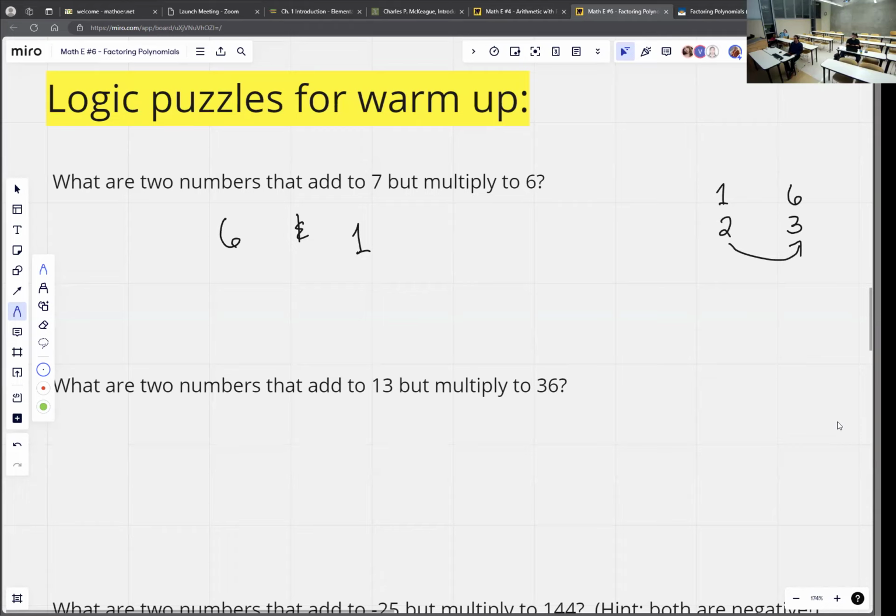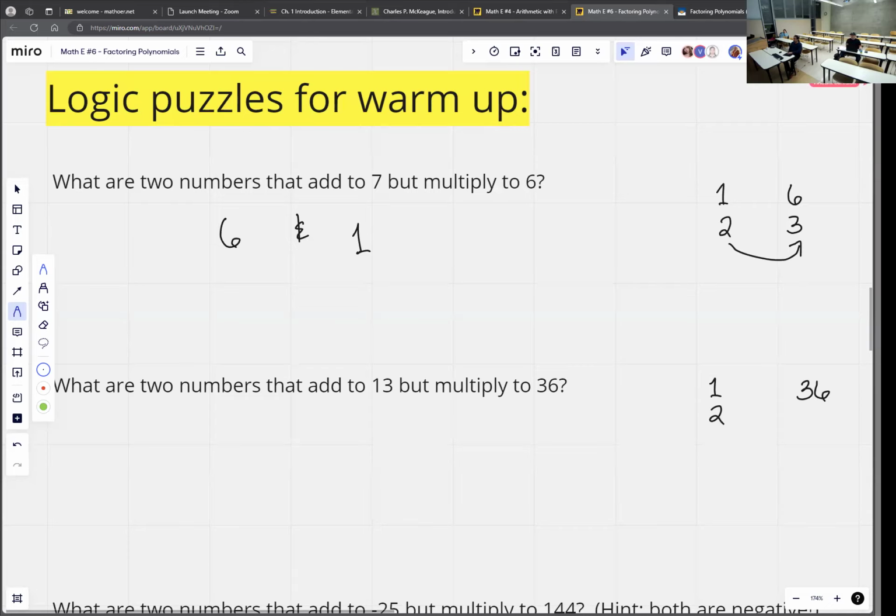Moving on. What about 2 numbers that add to 13, but multiply to 36? So 1 and 36 work as a multiplying, but they don't add to 13. How about with 2? Yes.